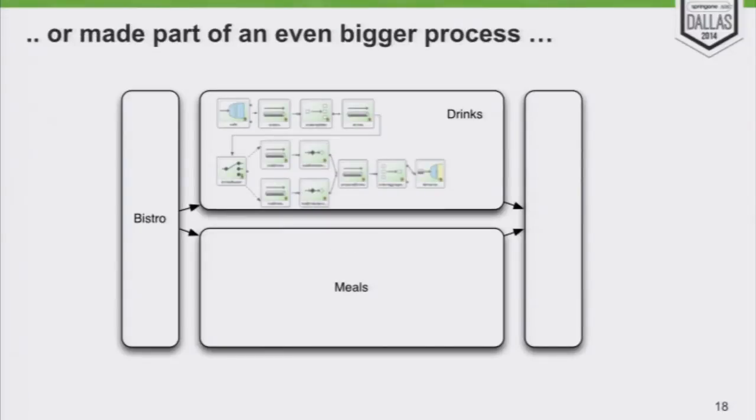And conversely, such a system, which is actually, as I said, a filter by itself, can become part of a bigger process. For example, our application may decide that they want to serve meals along with drinks. So all of a sudden, I have a bigger overarching architecture that incorporates this as a part.